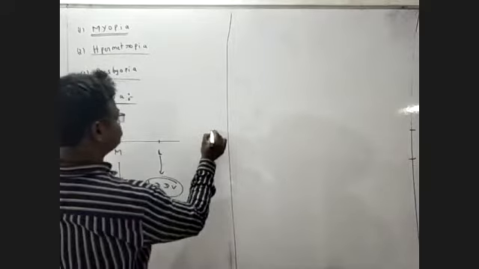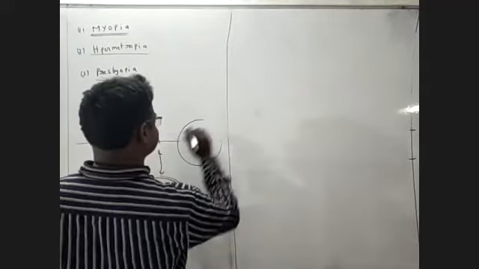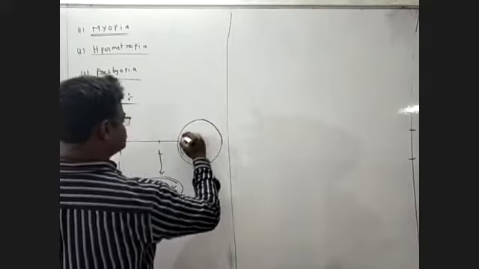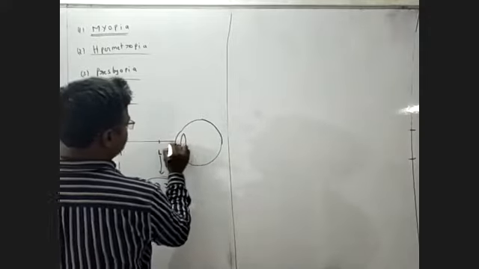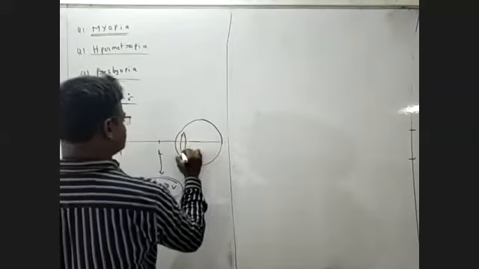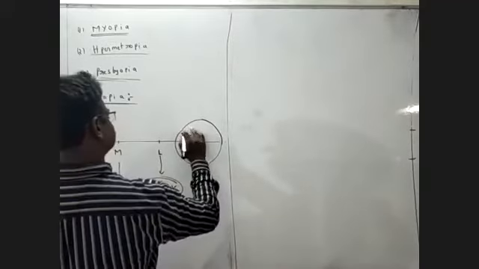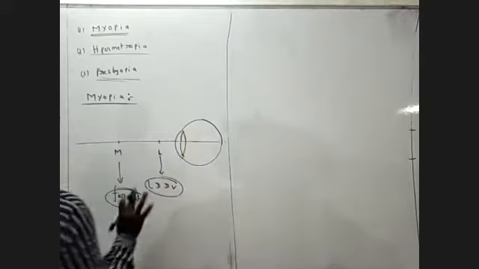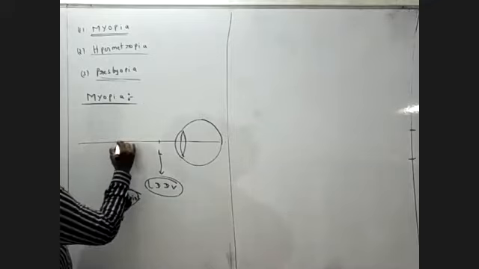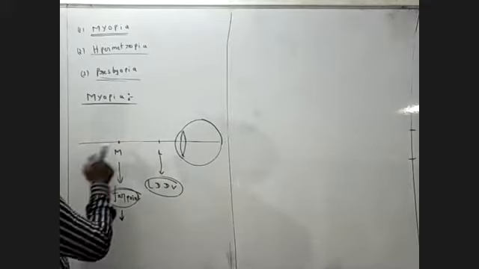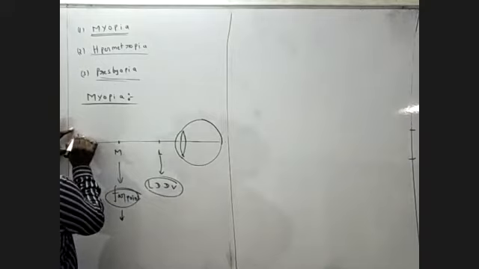Suppose for this eye, this is the lens. Suppose any problem person has the object at infinity.